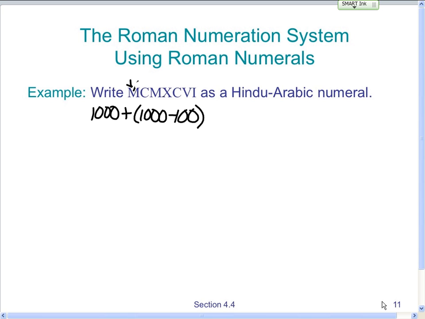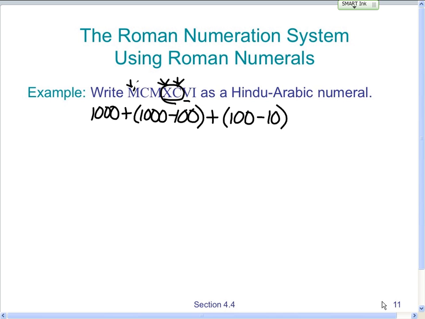Okay. Then we have XC. Well, X is smaller than C. So I have to take that as a combination. The XC is a combination. So I have to take 100, which is the C, subtract the X, which is 10.